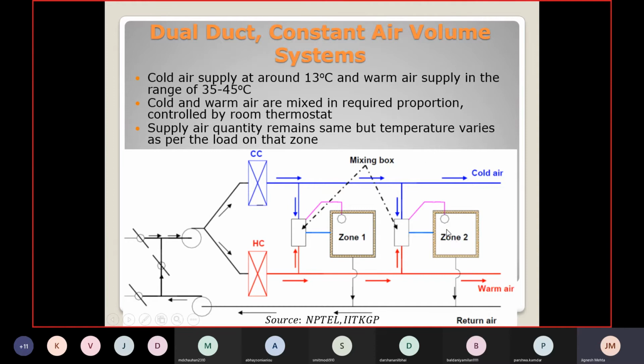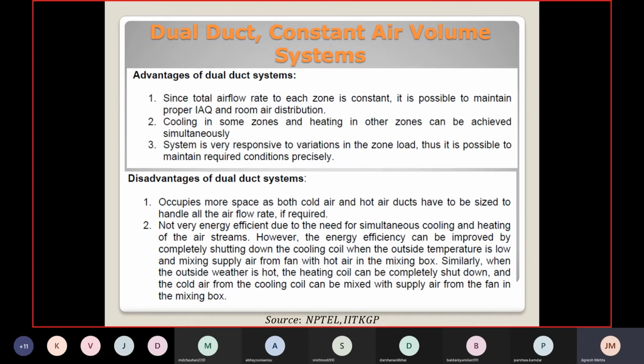So this will be possible. What may be done is, if there is a heating requirement, you just stop the flow of the cold air and you supply only hot air, and the opposite thing may be done in another zone. So heating and cooling simultaneously can be achieved. The system is very responsive to variations in zone load, thus it is possible to maintain required conditions precisely.